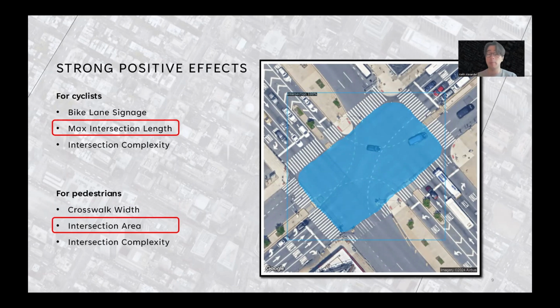The reason for this could be numerous, but this could be an indication that wider, larger intersections have larger streets associated with them, which allows for higher speeds, which may then contribute to accidents. There also may be some navigational complexity in just the amount of area that must be crossed in order to get through these intersections that then contributes to the rate of accidents.